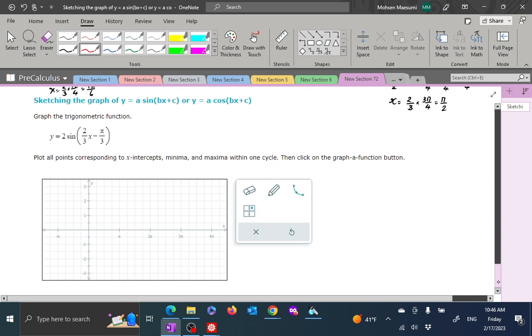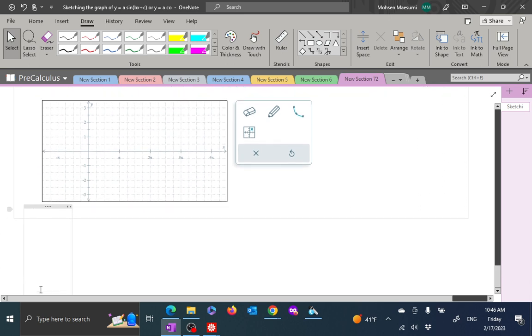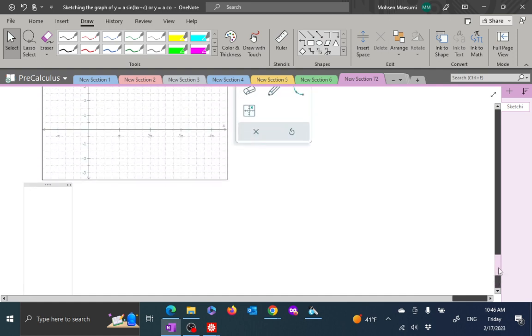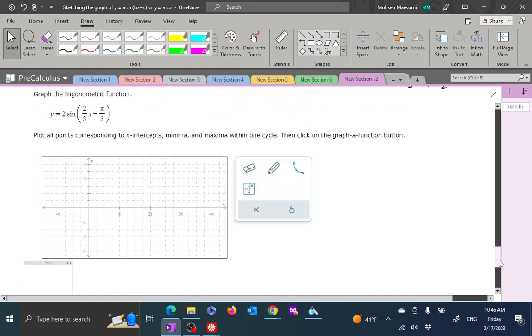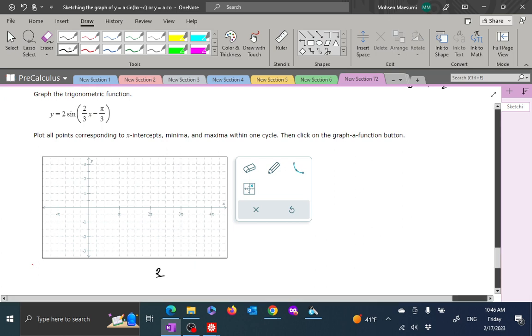Okay, I didn't put any space here, so let's make space. And no, wait. So let's write this thing. My input is 2/3 of x minus pi third.